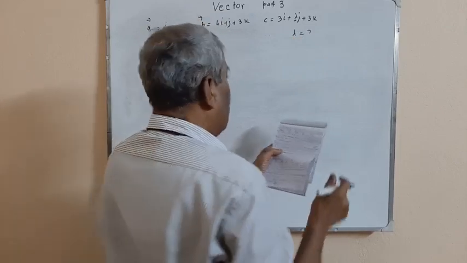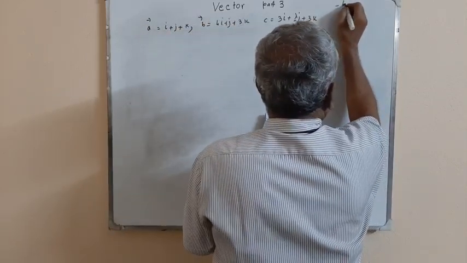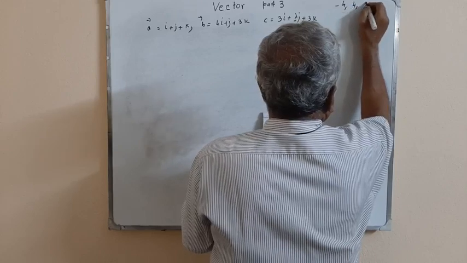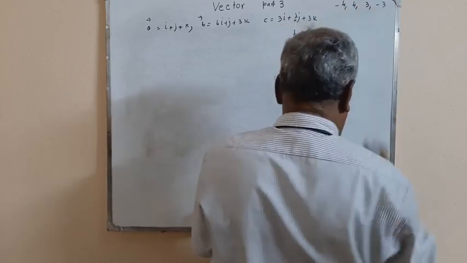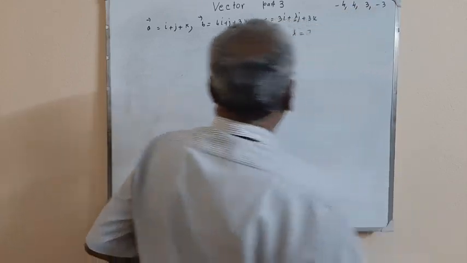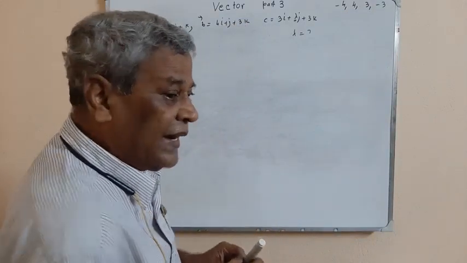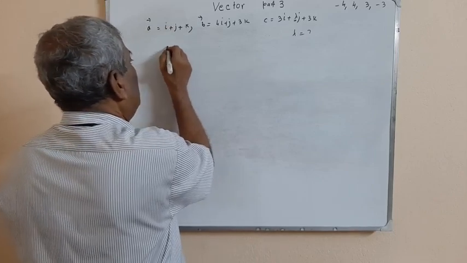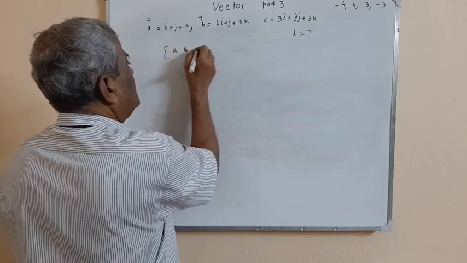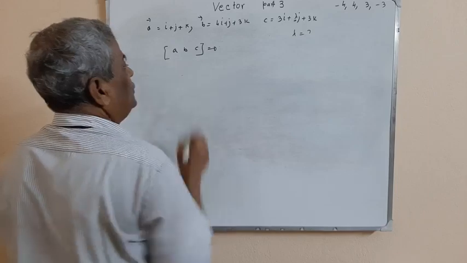So options are -4, 4, 3 and -3. We know that if 3 vectors are coplanar, then [A B C] is equal to 0.